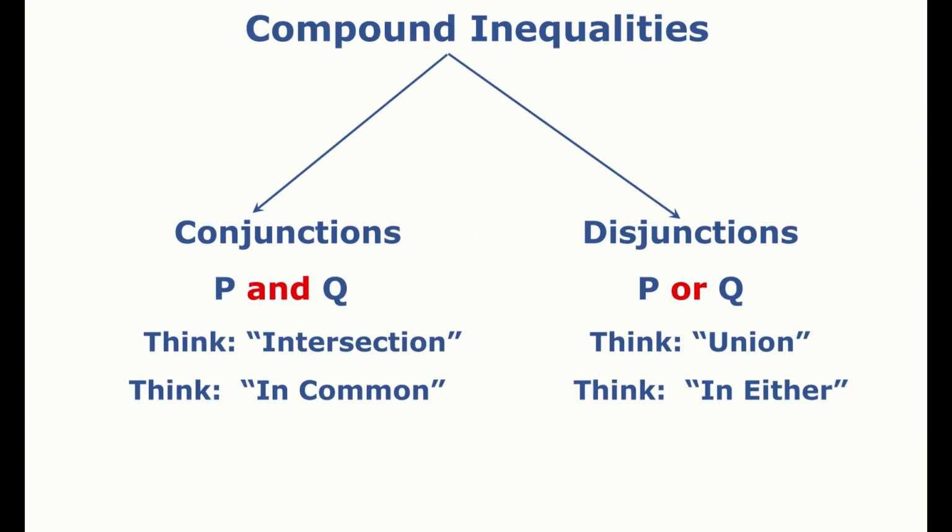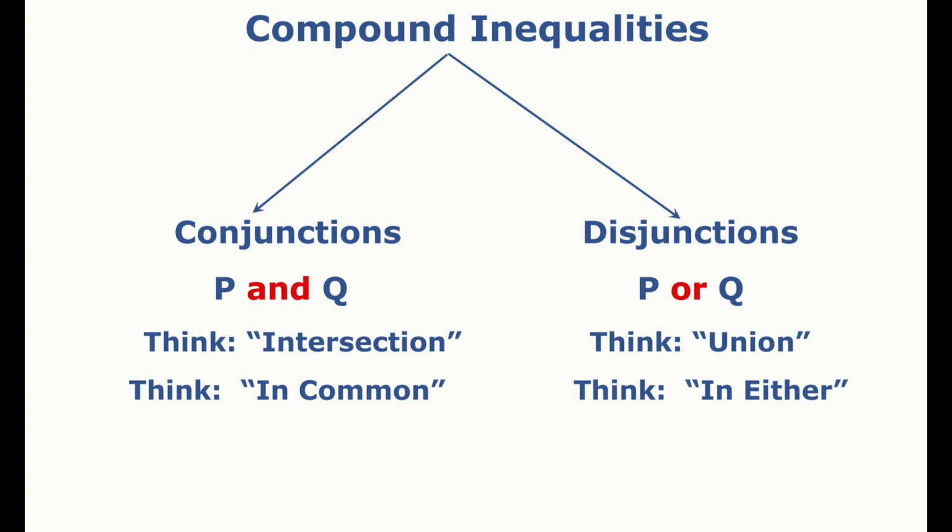All right, we finally have enough information to go ahead and solve compound inequalities. And if you have understood everything we've done so far, then this is going to be the easy part as far as technique is concerned. Now, compound inequalities come in two varieties.